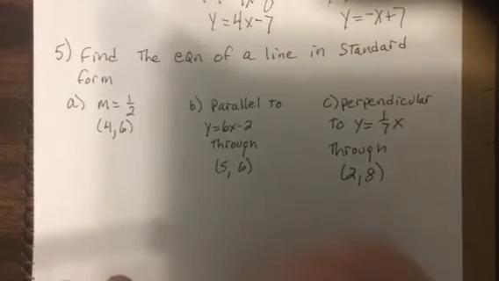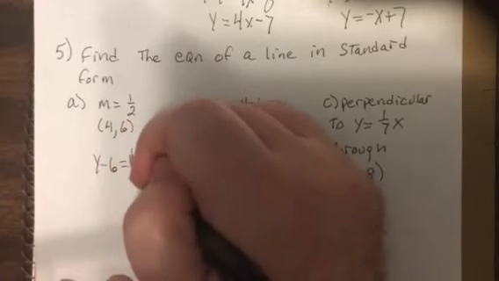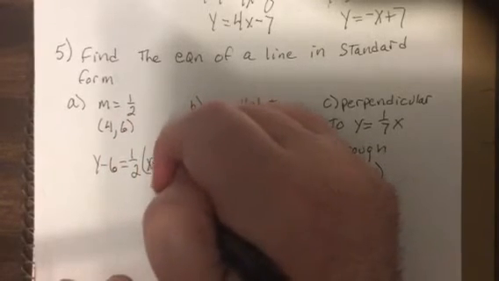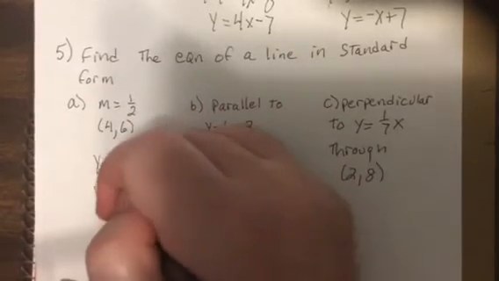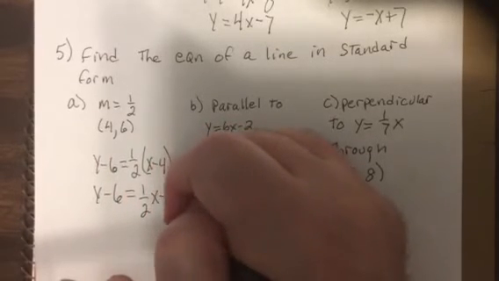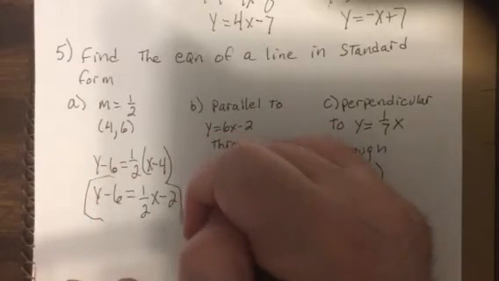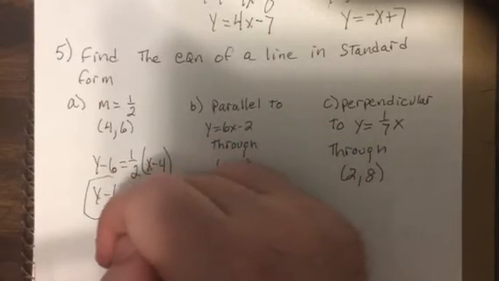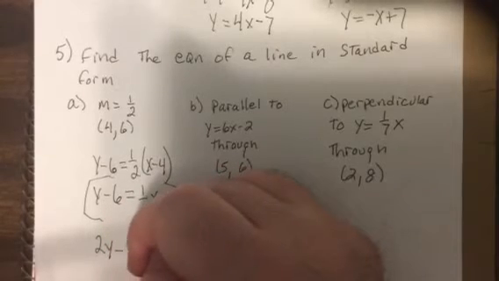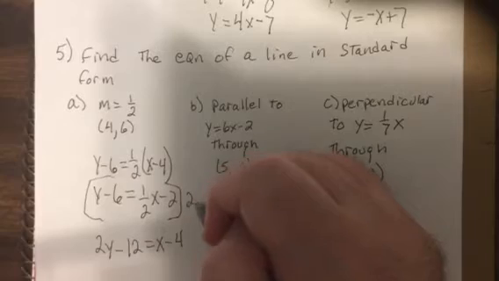Okay, good. So we got a point, we got a slope, go with it. So I'm going to distribute the half. Now, we're not supposed to have fractions. Oops. So I'm going to multiply by 2: 2y minus 12 equals x minus 4.